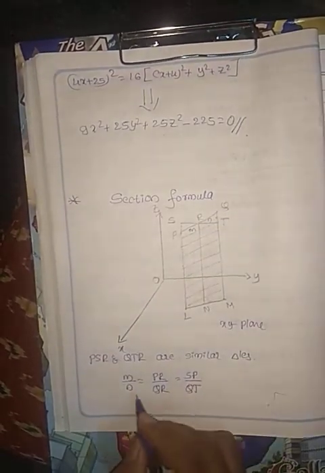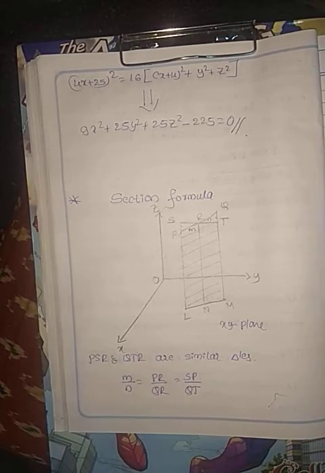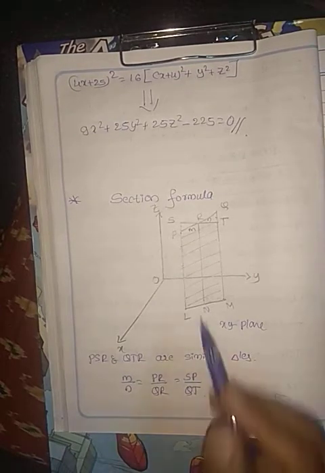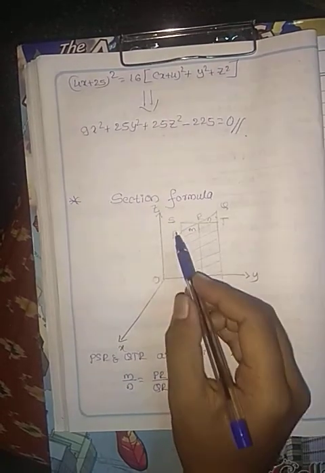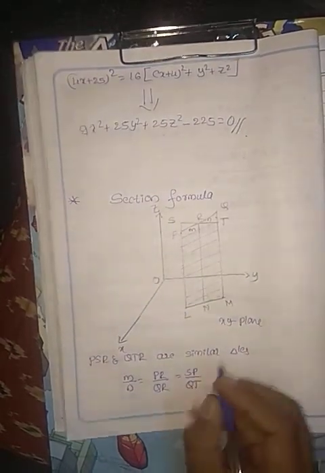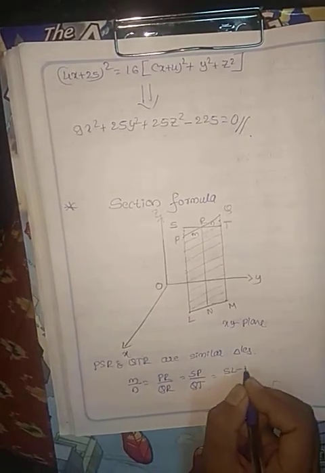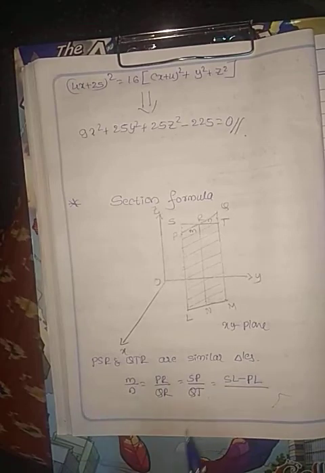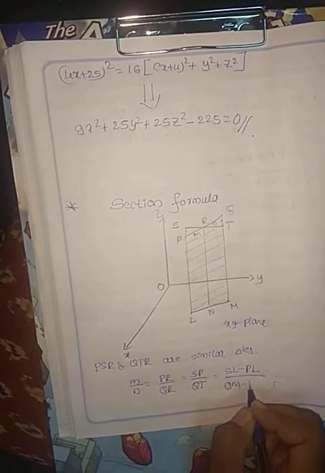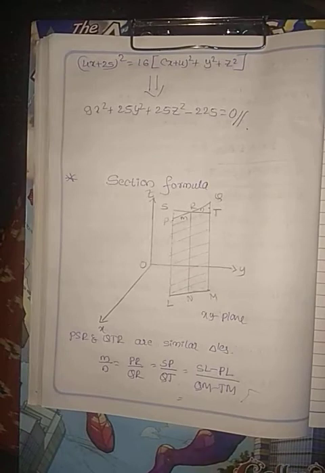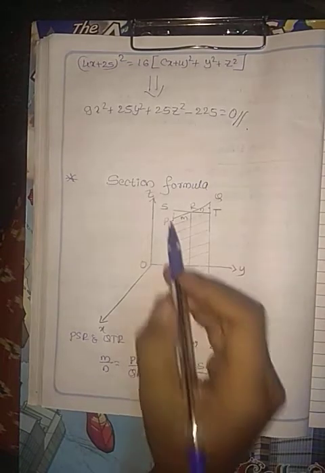Therefore, we have to simplify this equation. So we can write SP as SL minus PL, and QT as QM minus TM. Now substitute the values.